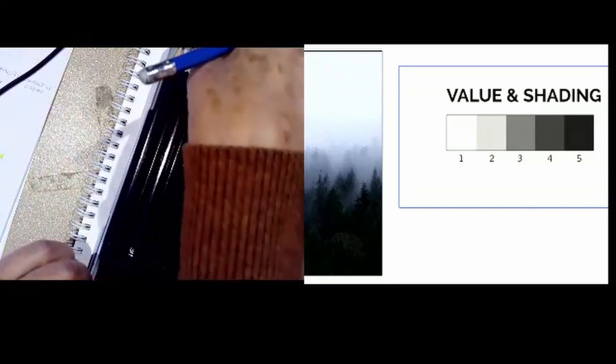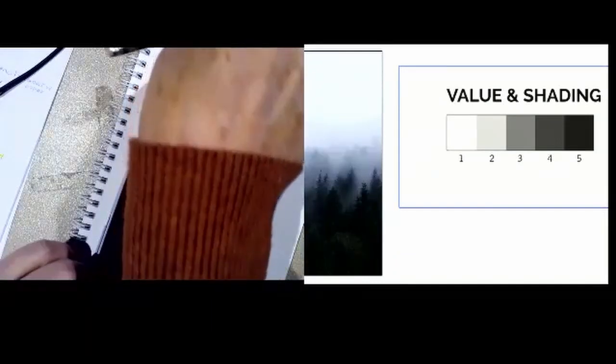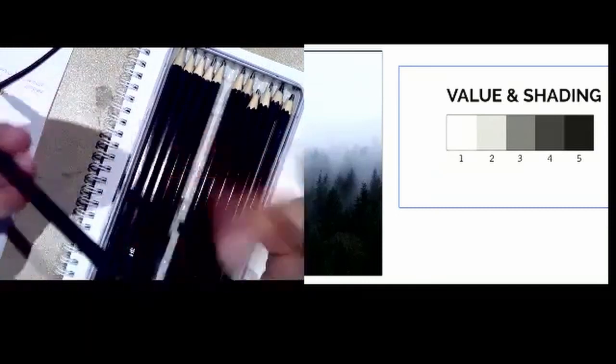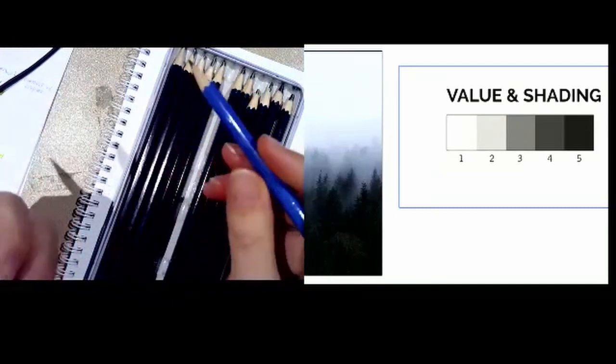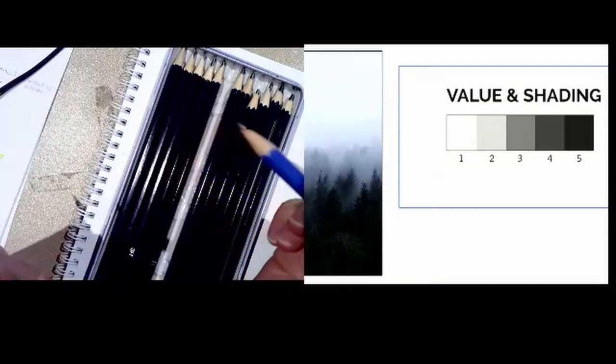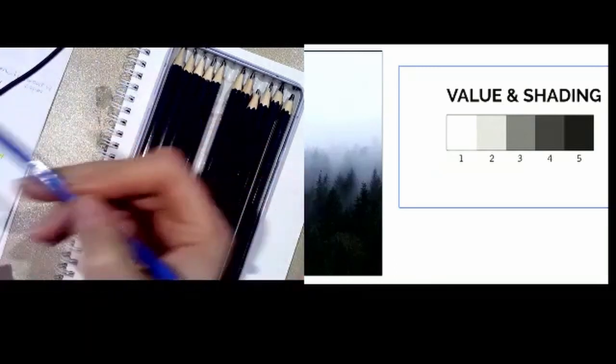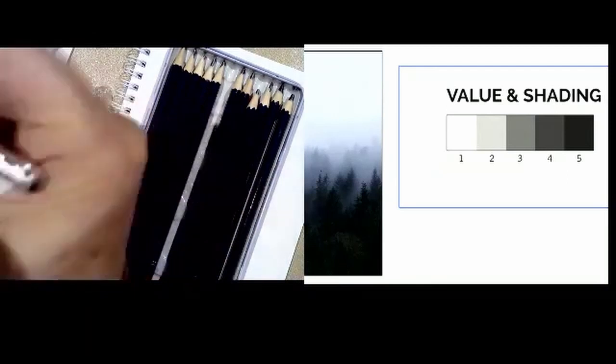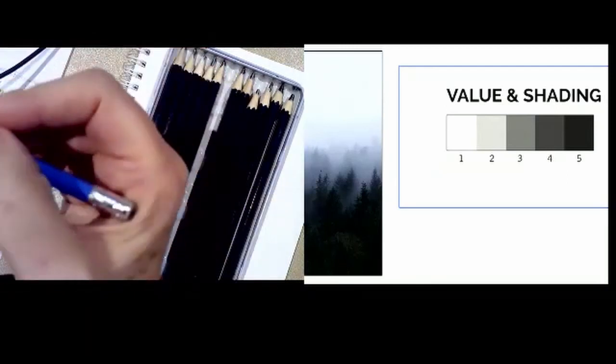If you have a chance to practice with a few different kinds of pencils, you'll get a feel for them. The great thing about the HB, I like to call it the mighty pencil, is that we can get so much out of one. And when you were doing your value bars last week, I saw she had that neat technique where you start with the lightest and then you just keep adding the graphite.